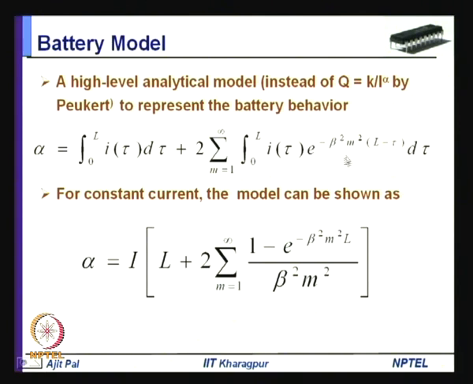Alpha reduces to this in case of constant current. So, this particular Rakhmatov-Vrudhula model was used in that paper.